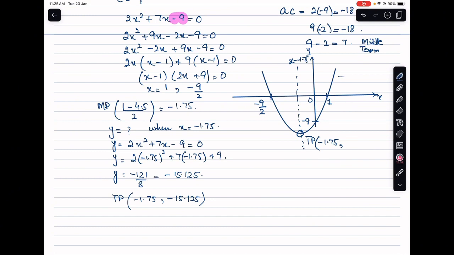The only thing now left is to get the y coordinate when your x is a negative 1.75. Substitute that in the equation.